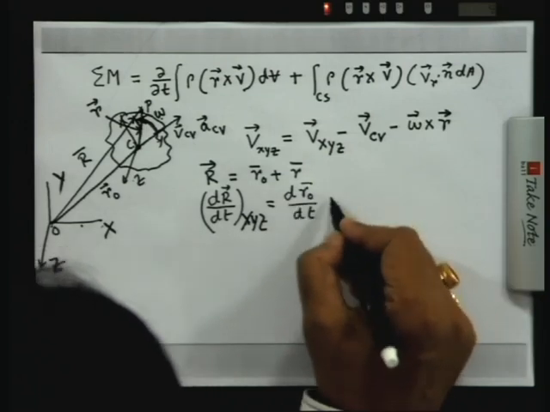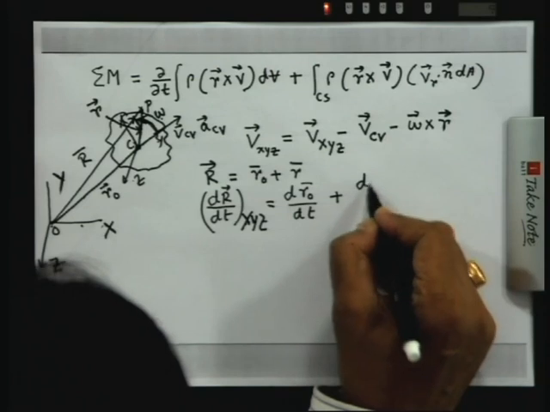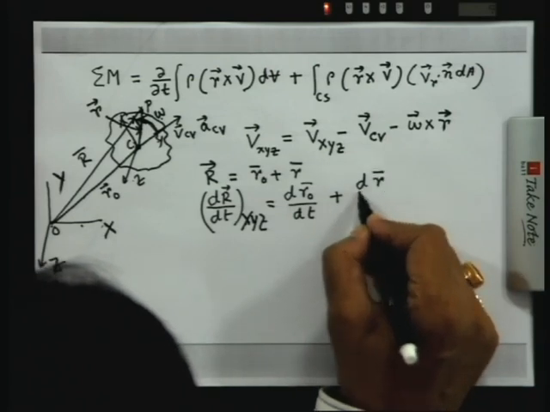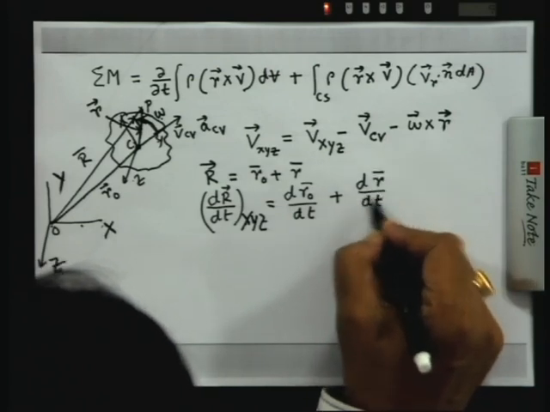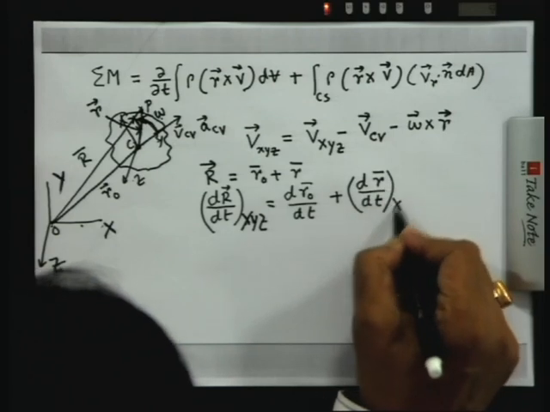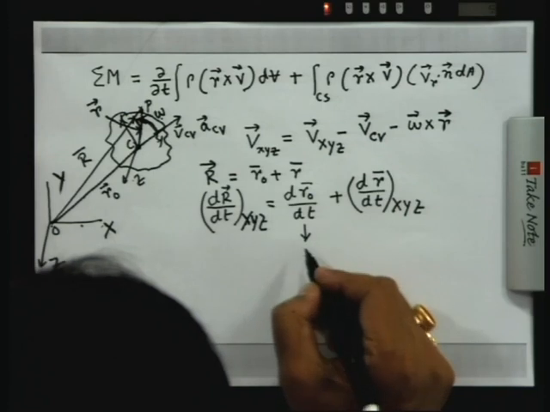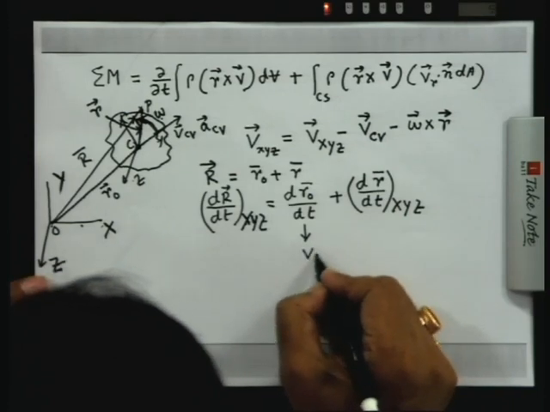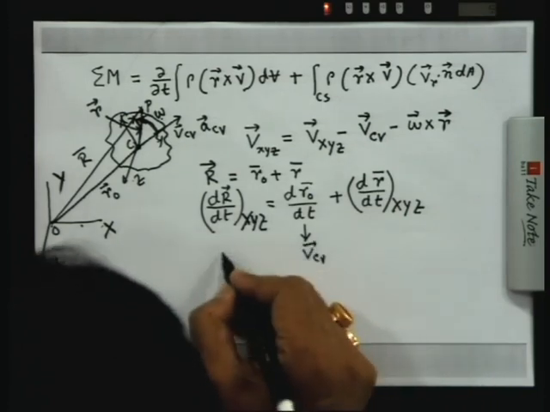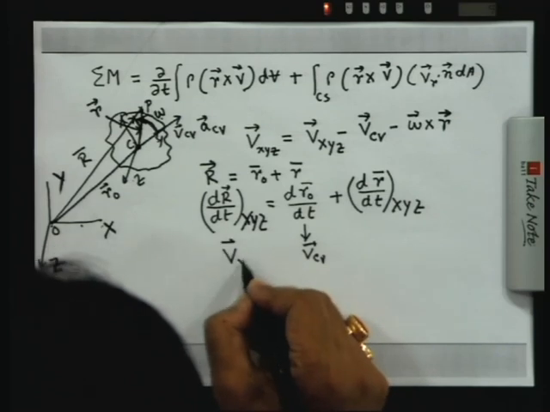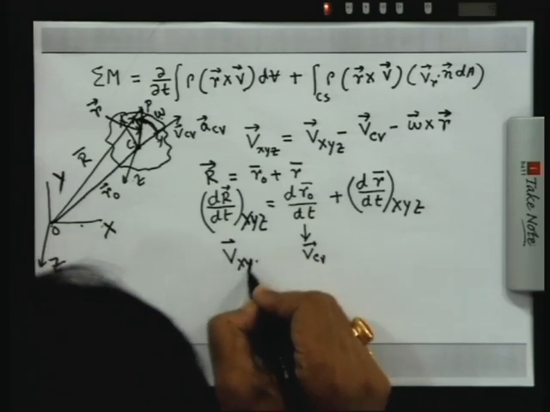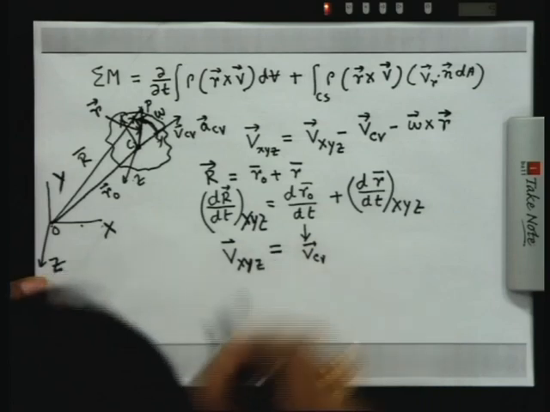Plus dr dt, x y z. Now this is our V c v. This is our V, the absolute velocity, that is the velocity with respect to the inertial frame.